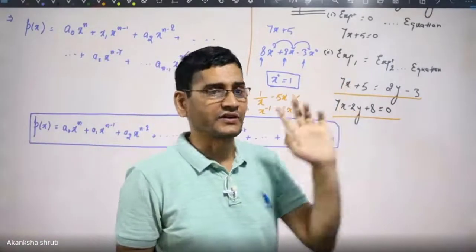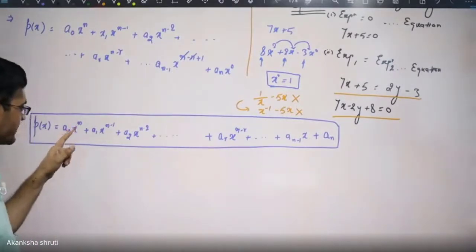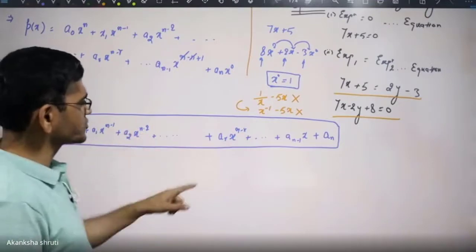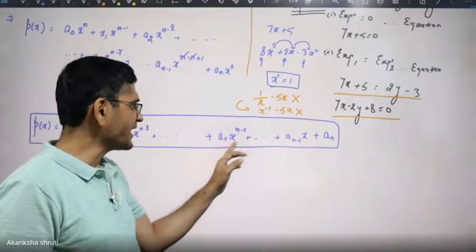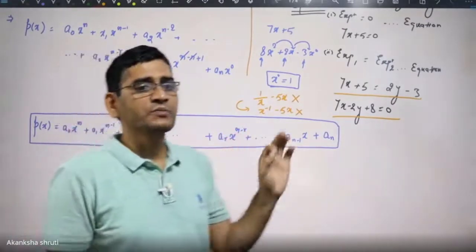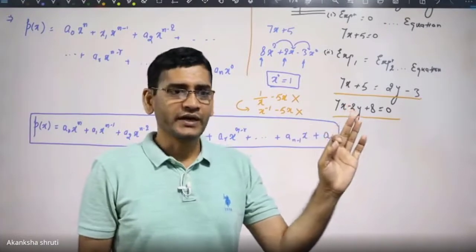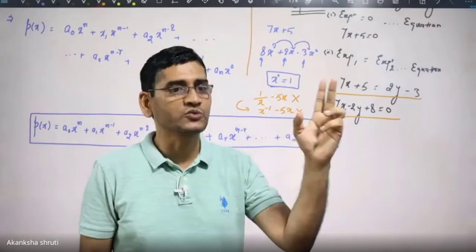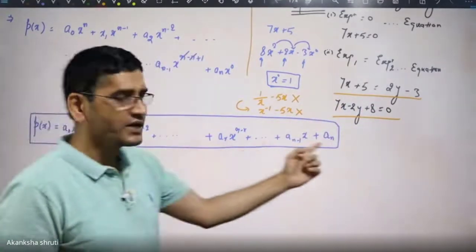First thing is that. Another one, the power of x, means x to the power n or n minus 1 or n minus 2 or n minus r, whatever the power of x you are getting here, it must be a whole number. Okay, it cannot be a negative integer, it cannot be a fraction.